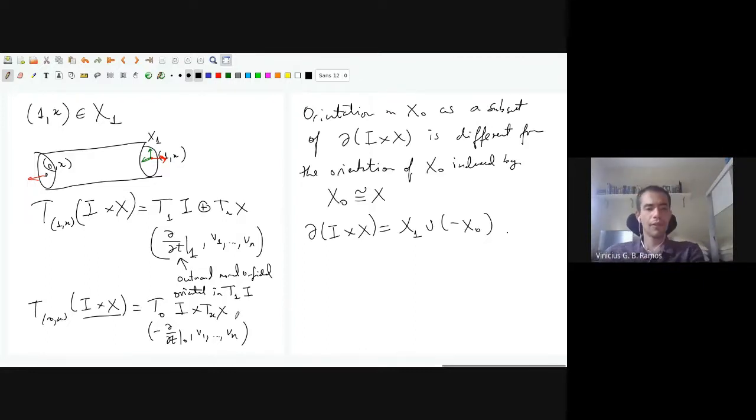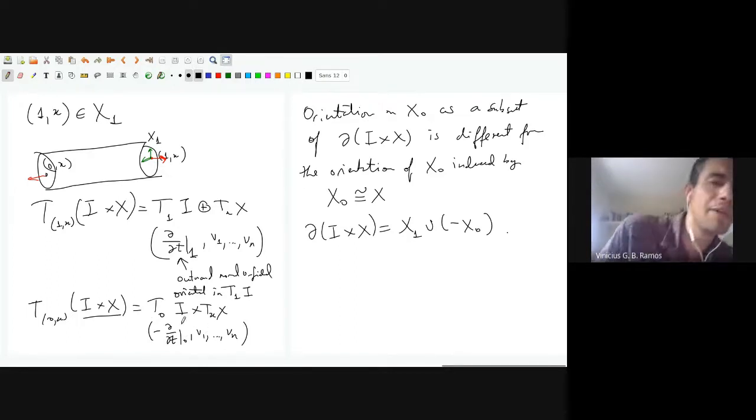Okay, so in other words, if you want an orientation on the boundary, let me say this one more time. You have to start with something that's outward oriented here, and then you have to fill up the base. Whatever base you get here has to make this thing on the left positively oriented. So if you put a basis here that's positively oriented in x, then that's going to be negatively oriented for I times x, so that doesn't work.